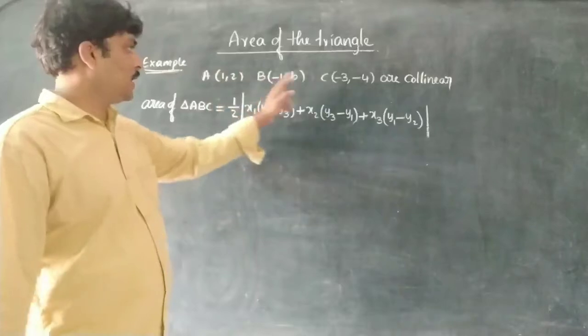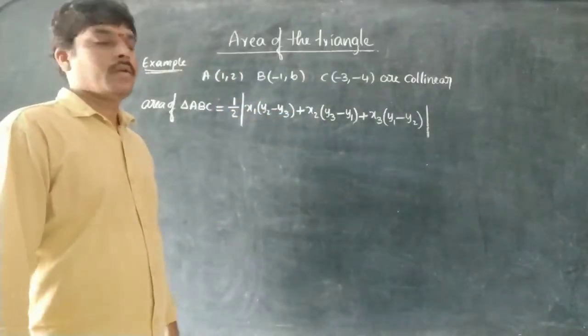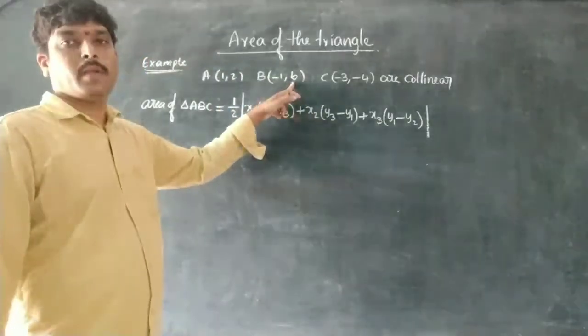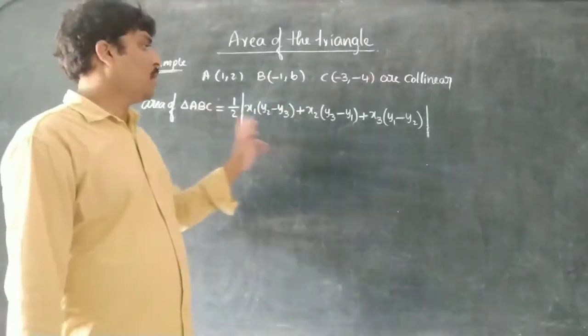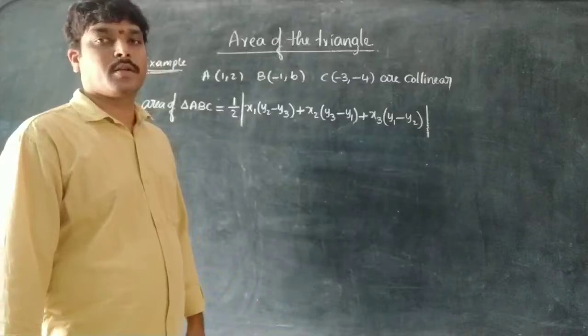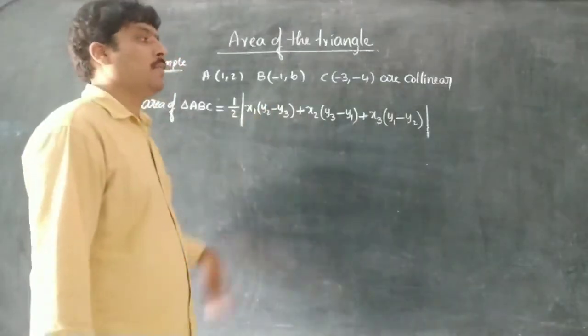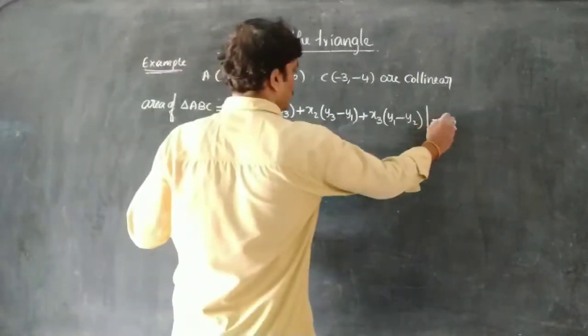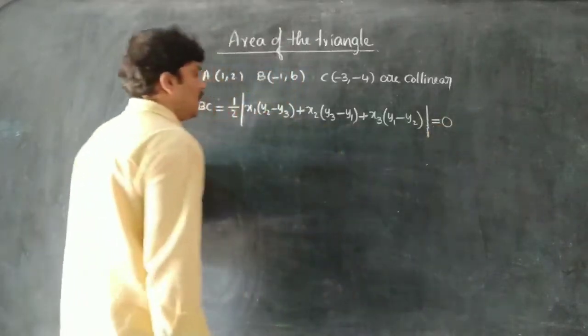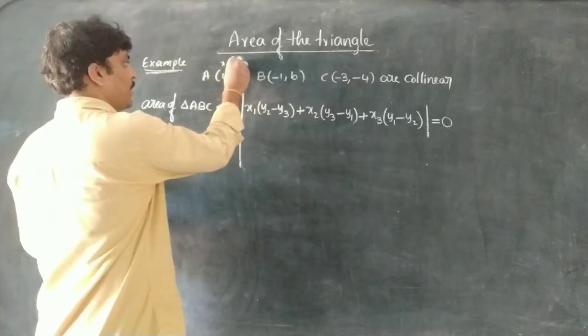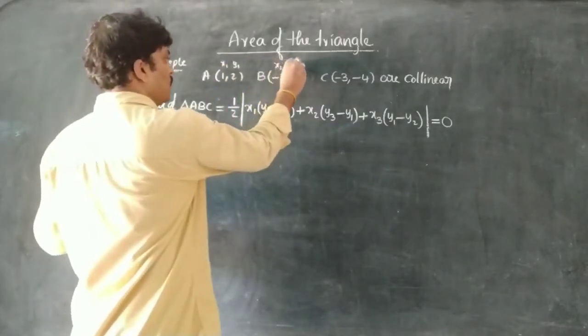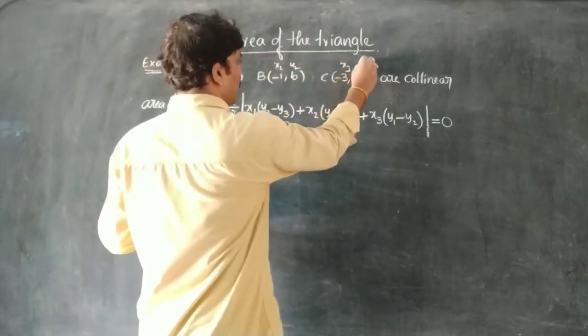Here 3 points are given. They are collinear here. Then find b. Here b you can find. So if the points are collinear, the area of the triangle is 0. So the area of triangle formula is equal to 0. Okay, now 1 by 2. Here x1, y1. Next x2, y2, x3, y3.